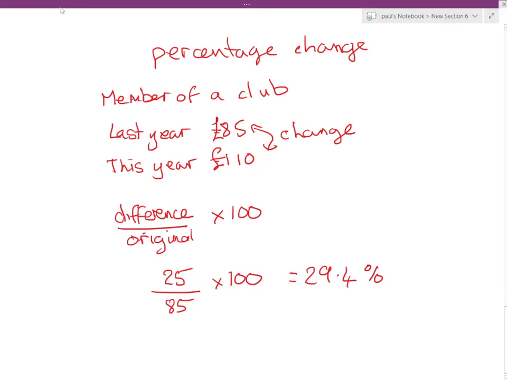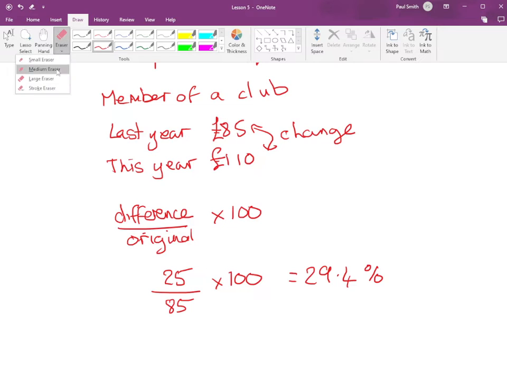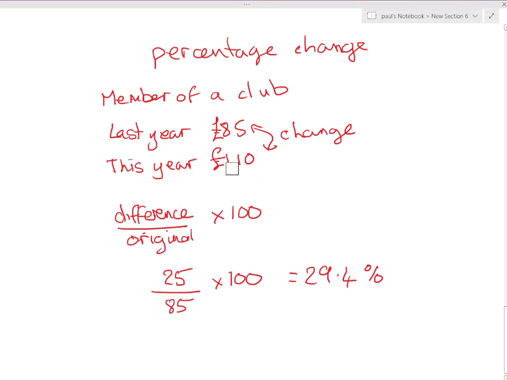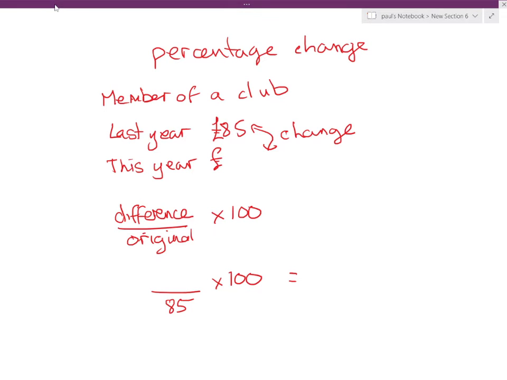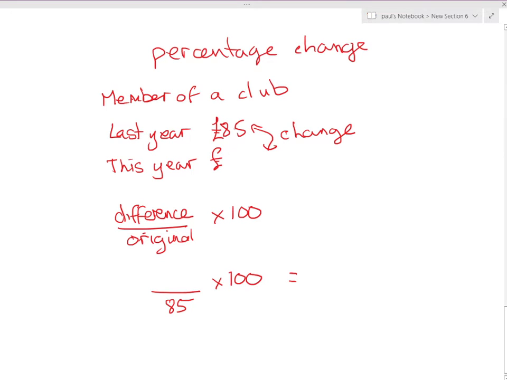What happens if they decided to reduce? So instead of going up to 110, it's gone down to £70 a year. So this change, you still do the big number take away the little number, it's going to be 15.